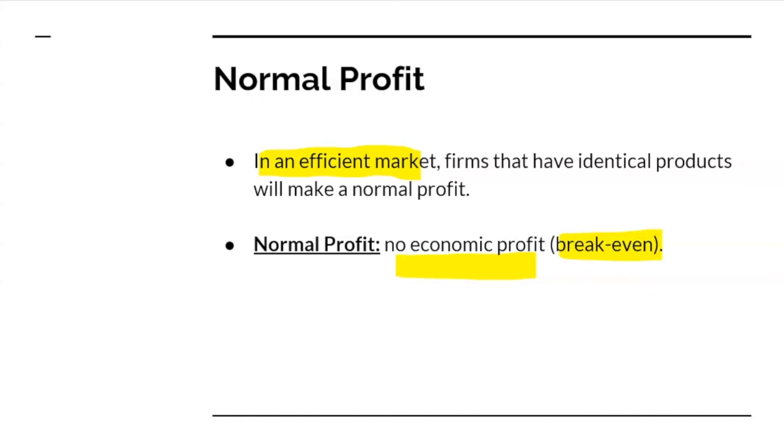Remember, economic profit means we're taking into account our opportunity cost, the implicit cost of doing business, what you're giving up to be producing that good. So a normal profit is a good thing. In reality, if you're looking at the ledger, looking at accounting profit, you're still making profit. It's just in economic terms, you're breaking even. You're not making any profit whatsoever. So in a perfectly efficient market, all firms are going to be making a normal profit.